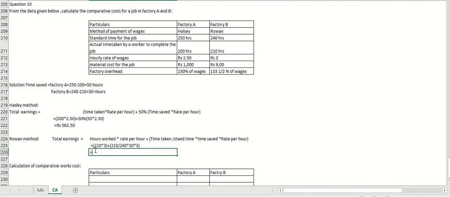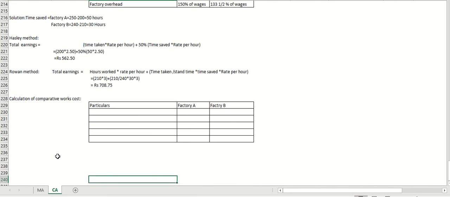So you get your amount to be rupees 708.75. Now we're supposed to prepare the comparative works cost.